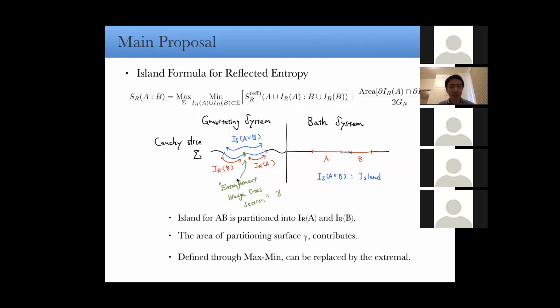But in general, what I'm imagining is that this IRA is not in the same Cauchy slice as that of the island of A, in principle.